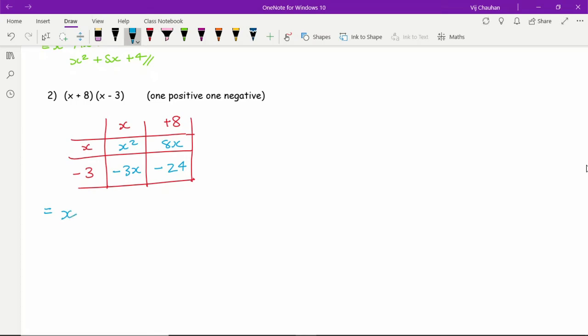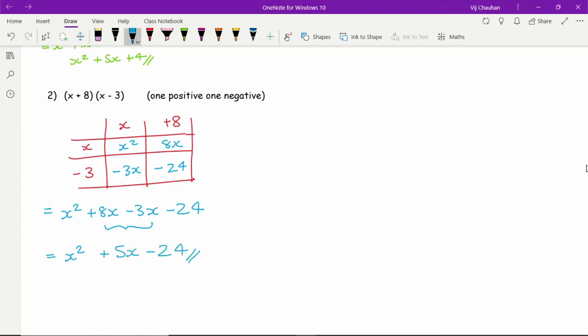So writing this out, I've got x squared plus 8x minus 3x minus 24. And again, if you've set it out correctly, your 2 x terms are in the middle, and that's the only thing we've got to join together. So I've got x squared and 8 take away 3, which is positive 5x, minus 24.